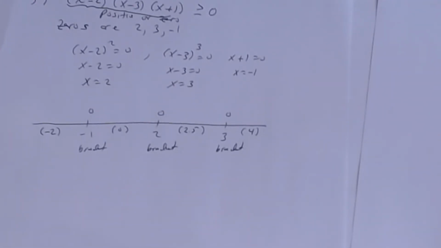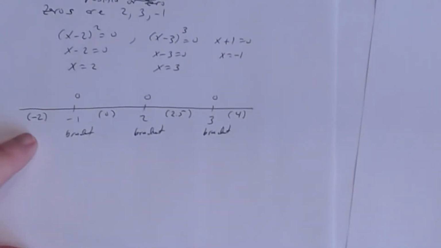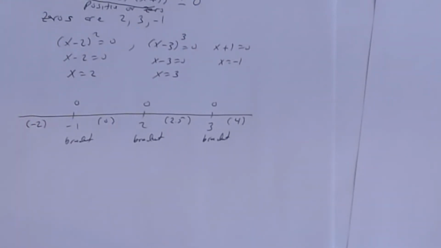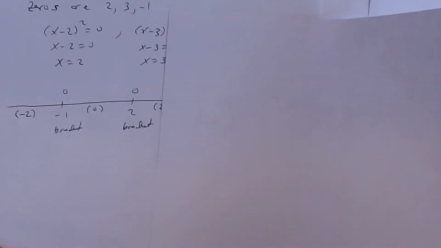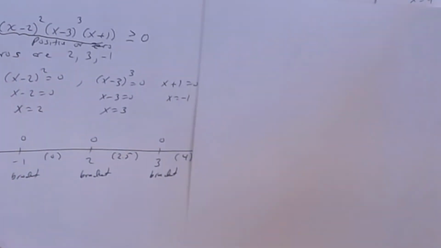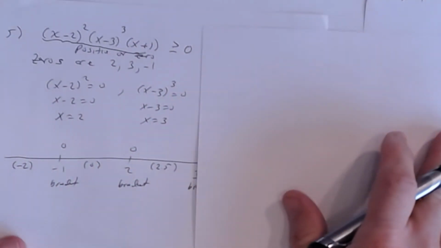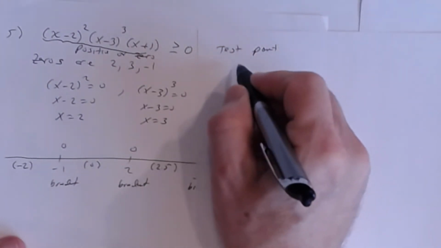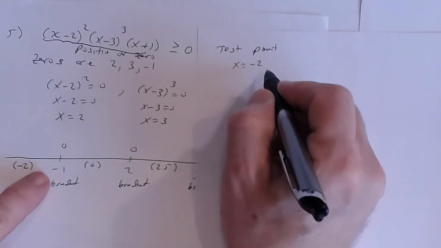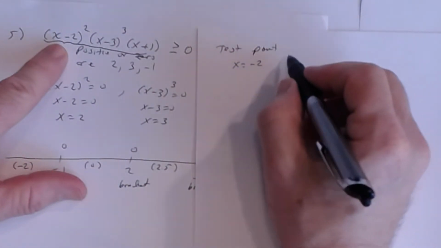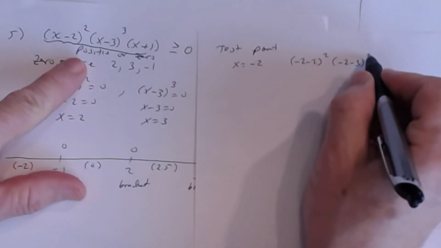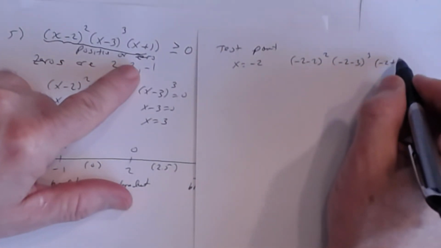Okay, so let's go ahead and determine the signs of those intervals at those test points. So let's use the first one, x equal negative 2. Let me go ahead and align it a little bit better. So my test point, x equal negative 2, right here. So let's go ahead and substitute into here. So I get negative 2 minus 2 squared, negative 2 minus 3 cubed, negative 2 plus 1.